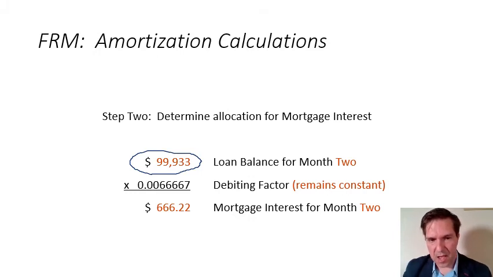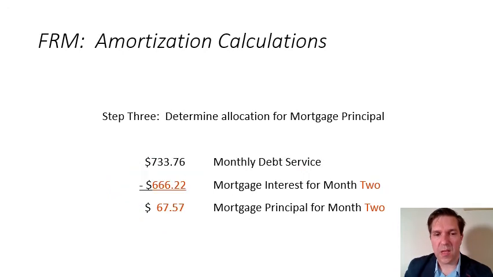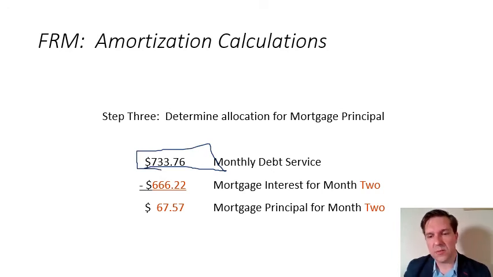And now you're going to multiply it by that debt-in factor, which is going to yield how much interest you're going to be paying on the second month. And you see it's $666.22 in this case. And now, again, the monthly payment doesn't change. That's constant throughout the entire exercise. It's always the same.